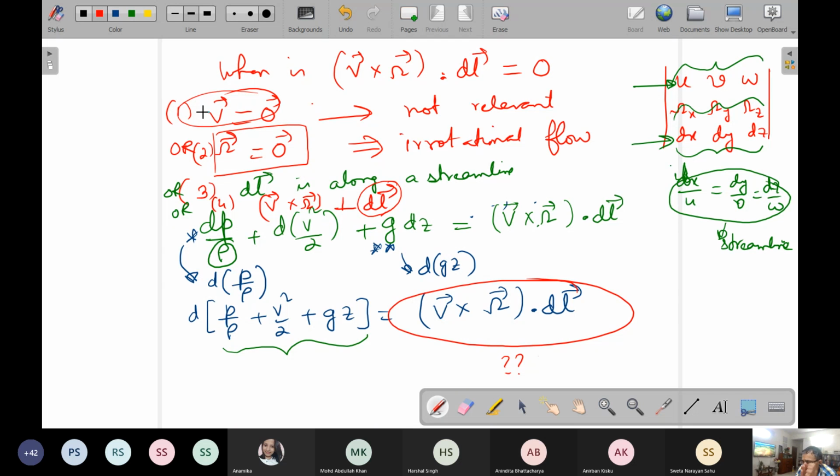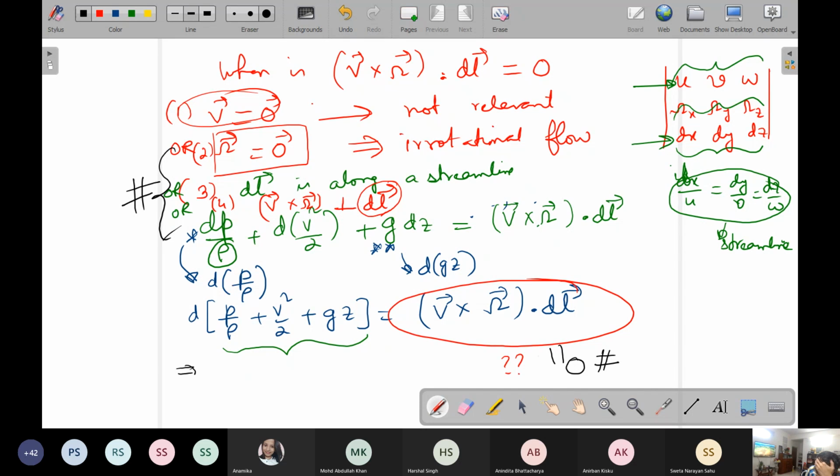If either of these assumptions is satisfied, that means not 1, but 2 or 3 or 4, then we can set this equal to 0, subject to these assumptions.